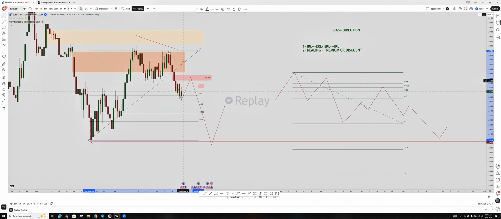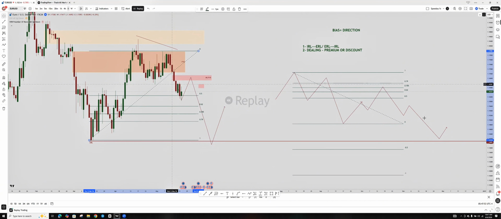You can understand that price right here is still sitting at premium range. And then we have this bearish fair value gap. So in premium, the logic is, when price is at premium, it is logically expensive. And then we are expecting price to sell from premium to approach the discount range.